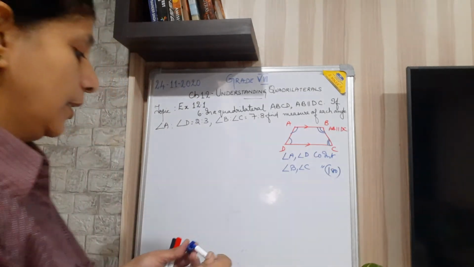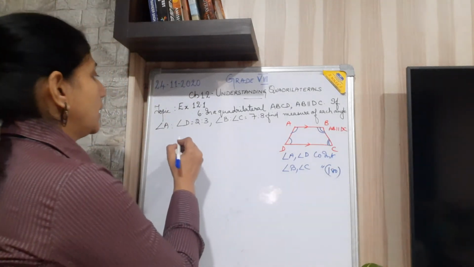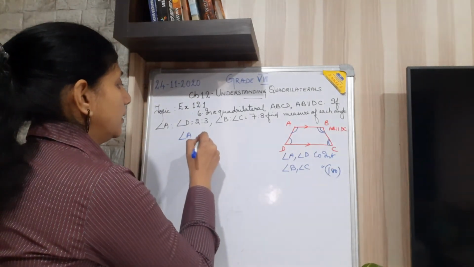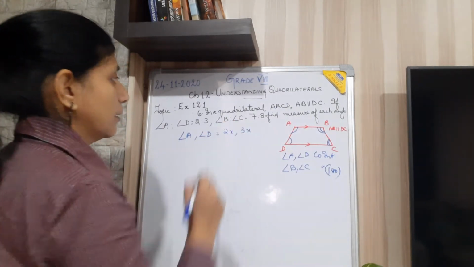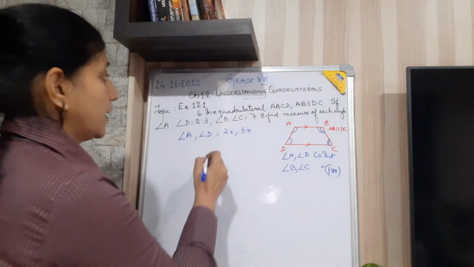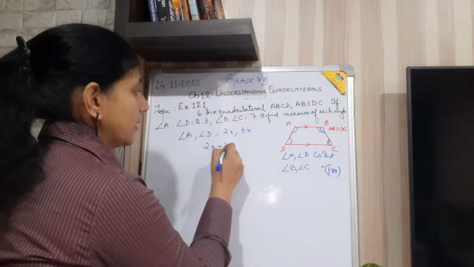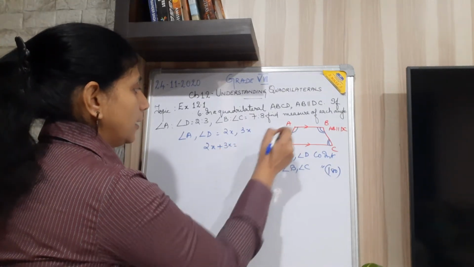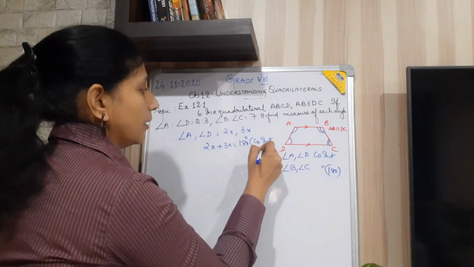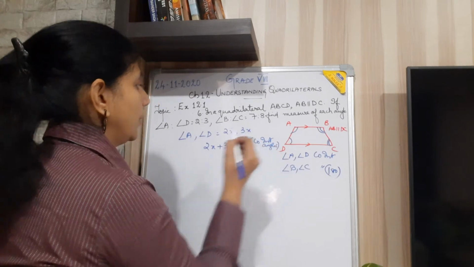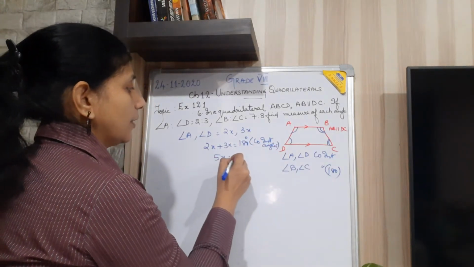So let angles A and D be 2x and 3x, since they are in the ratio. So their sum, 2x plus 3x, equals 180 degrees because co-interior angles are supplementary. So 5x is 180.